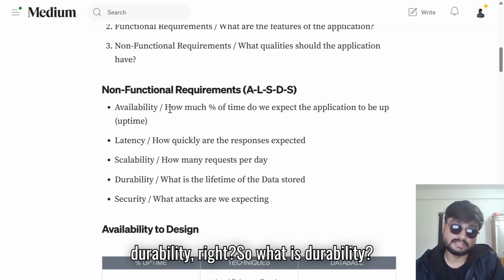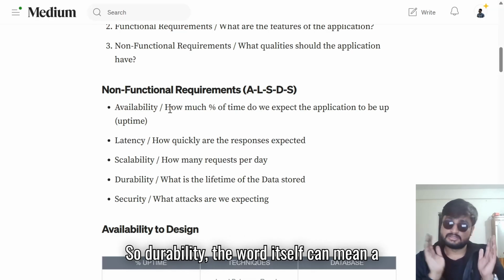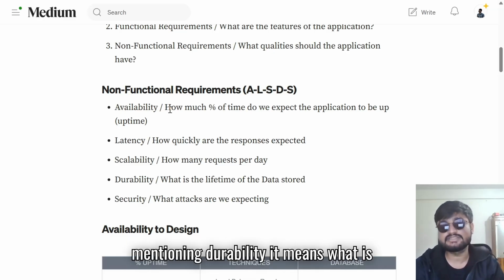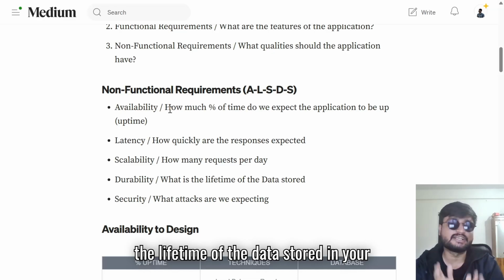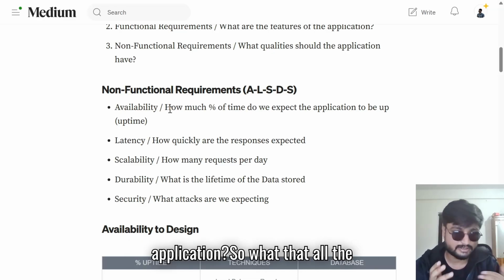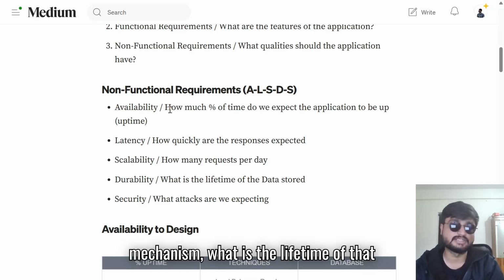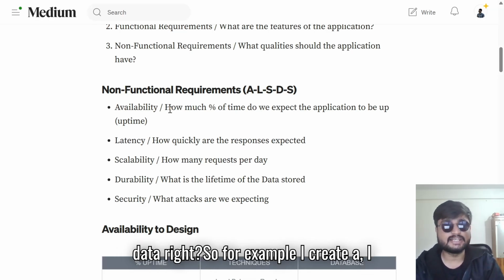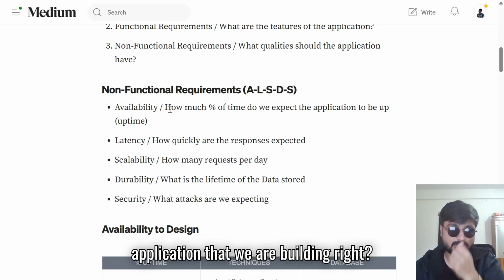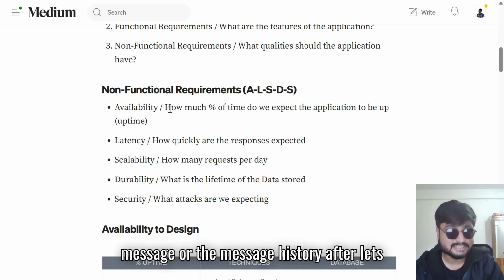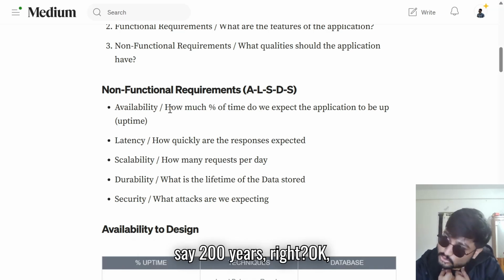Then there's durability. The word itself can mean a lot of things, but when I am mentioning durability, it means the lifetime of the data stored in your application. So all the information that is stored in your databases or caches or any data storage mechanism, what is the lifetime of that data? For example, I send out a message on the chat application that we are building, and will I be able to access the same message or the message history after, let's say, 200 years?